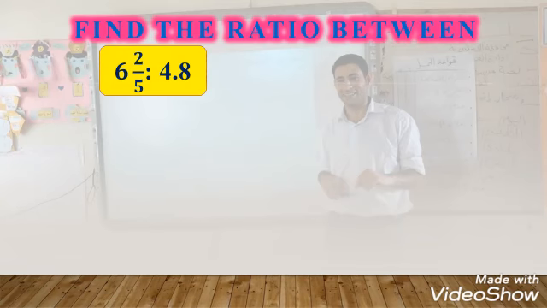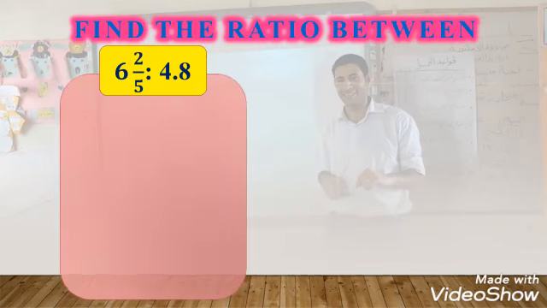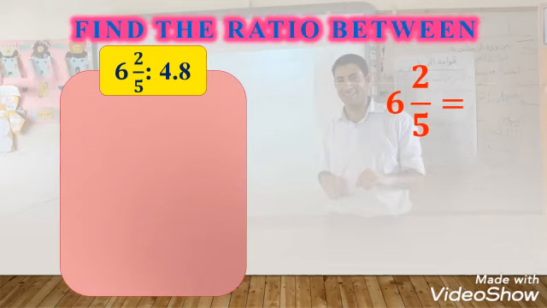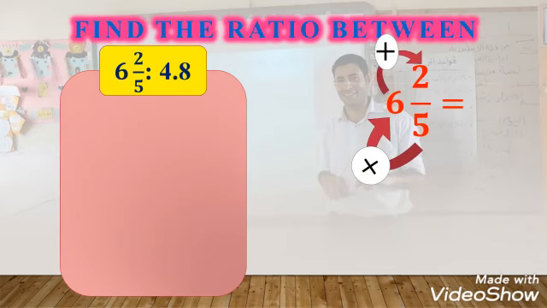Another example. We will treat with a mixed number and a decimal number. So the ratio between 6 and 2/5 to 4.8. In this case, we will deal with a mixed number and a decimal number. First we will treat the mixed number the usual way, as we know before: 5 times 6 equals 30 plus 2 equals 32.